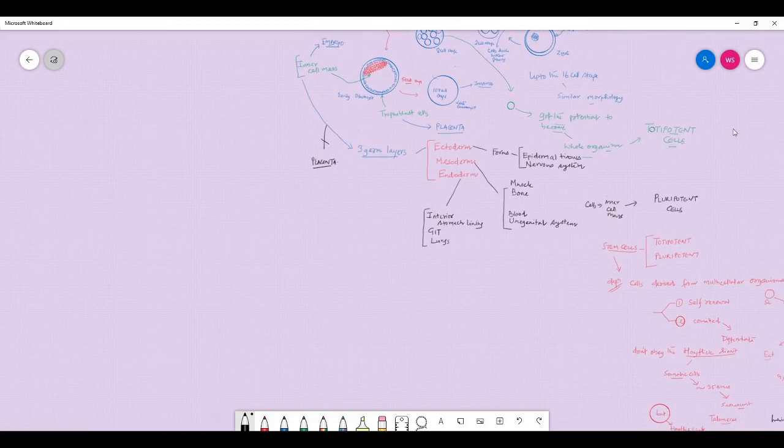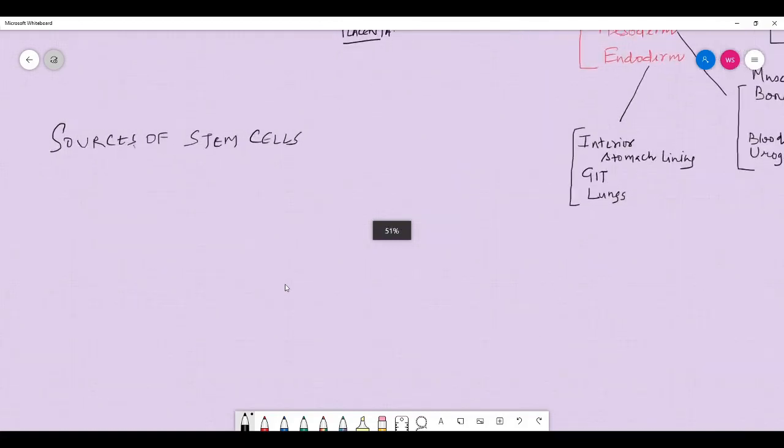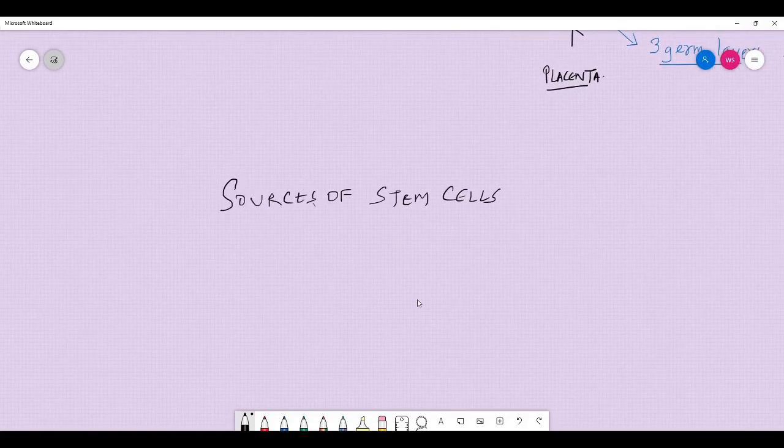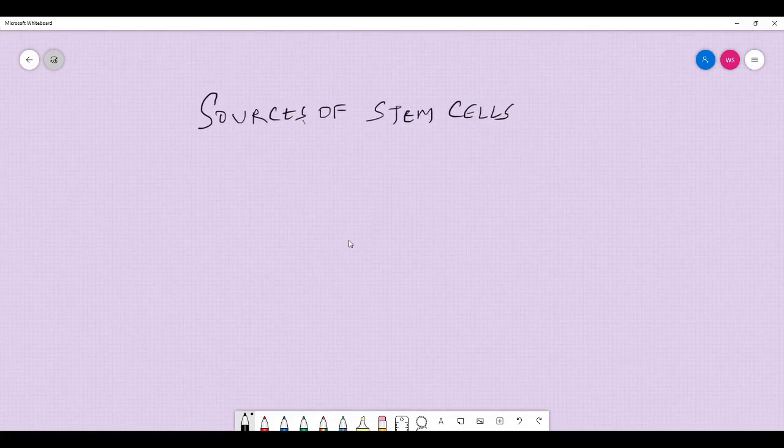Okay, let's now talk about the sources of stem cells. What are the sources of stem cells?